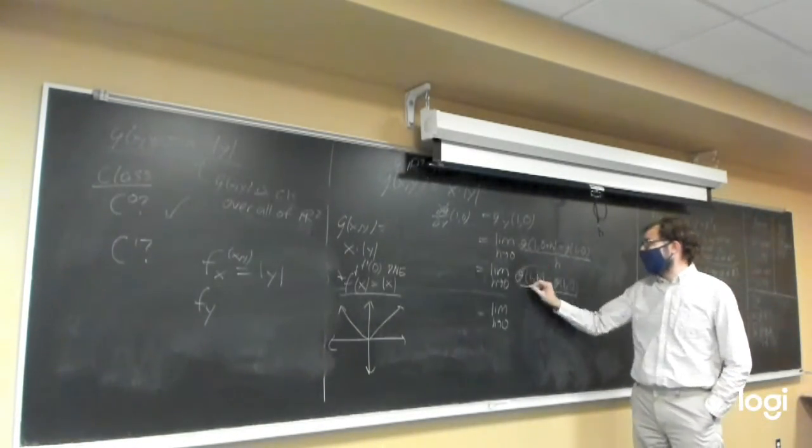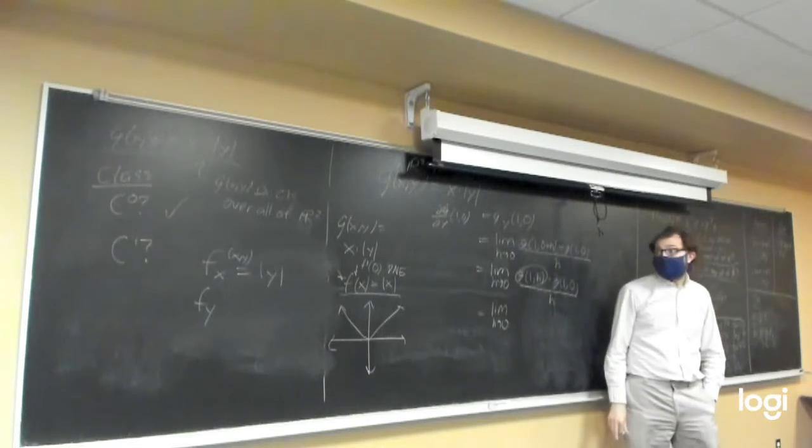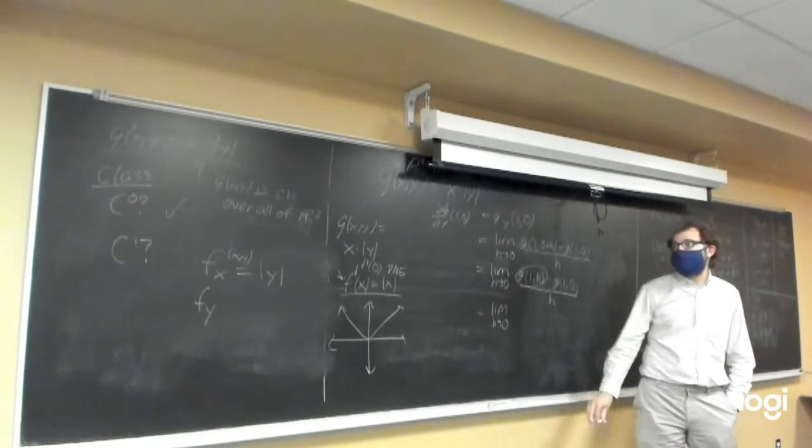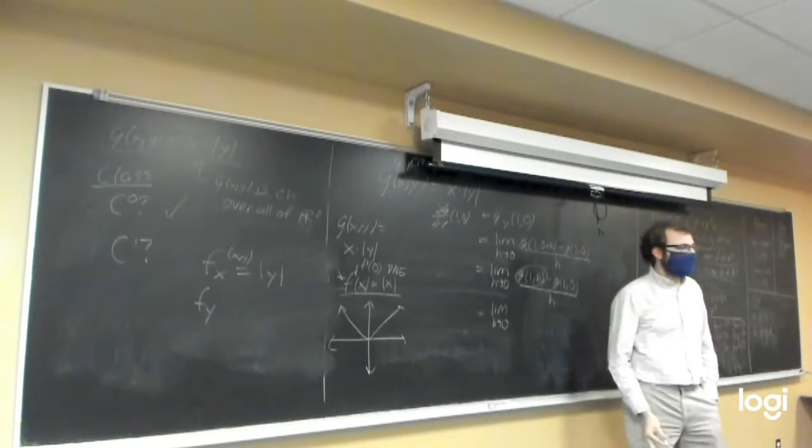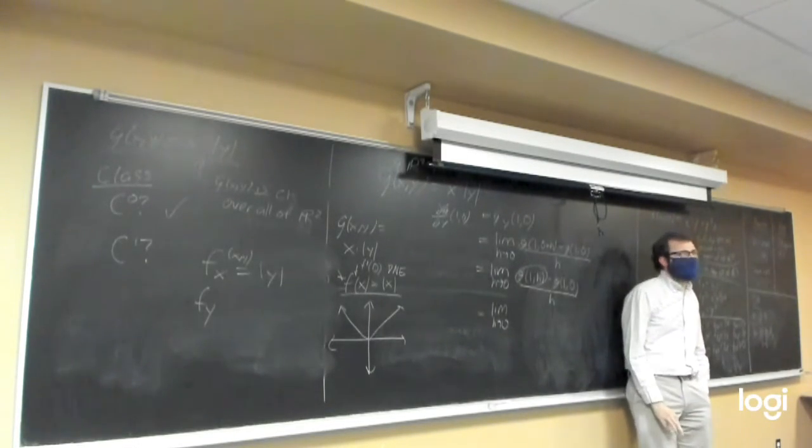In other words, I just want to evaluate this expression right now. If g of x comma y is x times the absolute value of y, what would g of 1 comma h come out to?